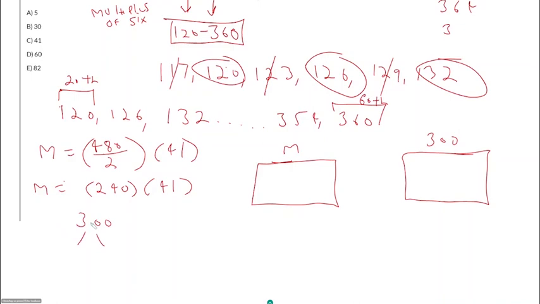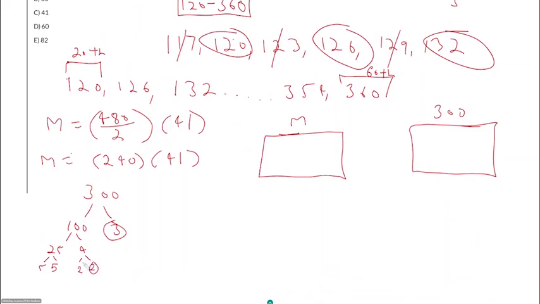So 300 will contain a 100 times 3, 25 times 4. 300 is 2 2s, a 3, and 2 5s. So what about m? M is this guy here. So 41 is prime. We don't need to break that up anymore. So what about 240?